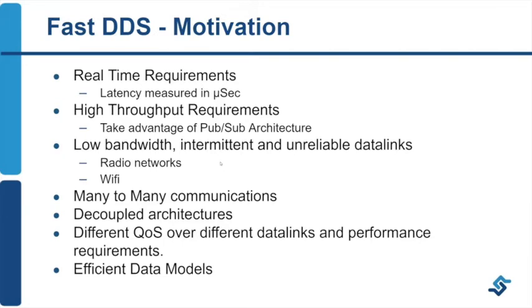The data is not opaque like in other middlewares, and you can make use of the data structure to increase the performance and have QoS depending on the contents of the sample you are sending. We will see later more about this.